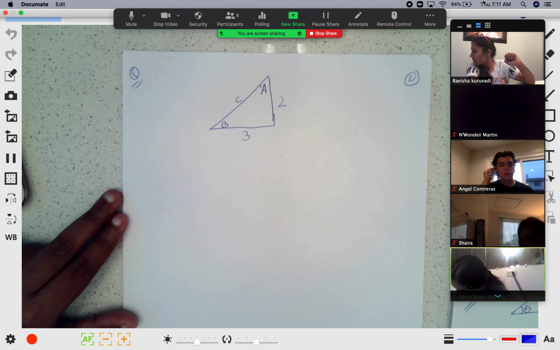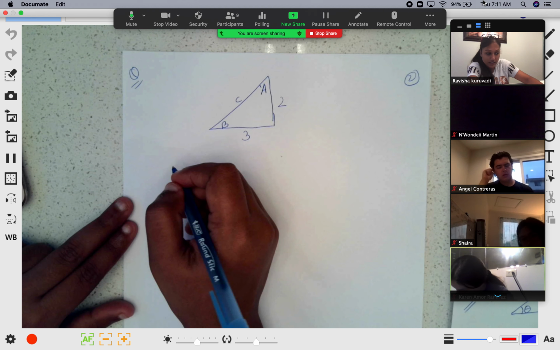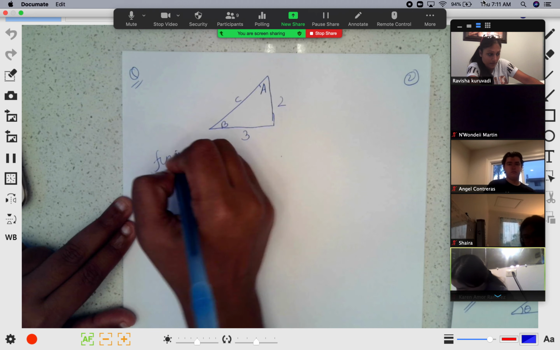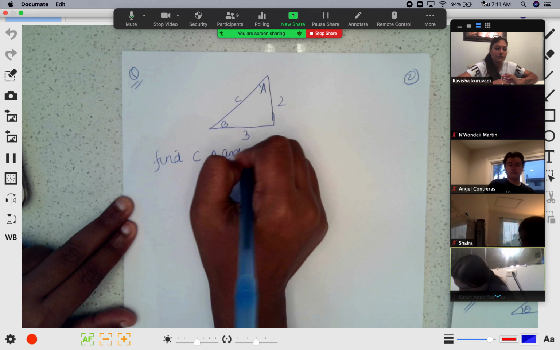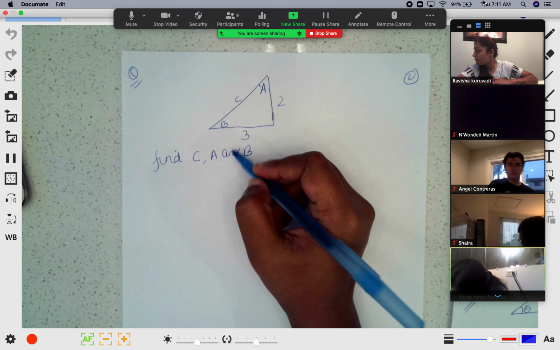It says find C, angle A and angle B. So you need to find C, angle A and angle B. What's the value of A and what's the value of B?